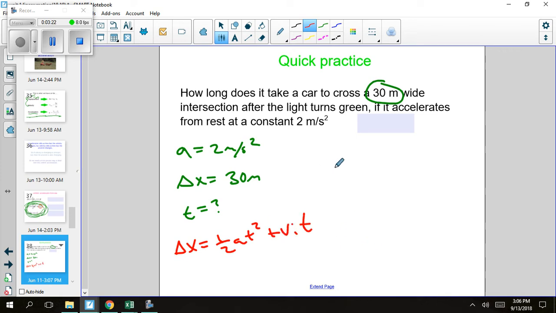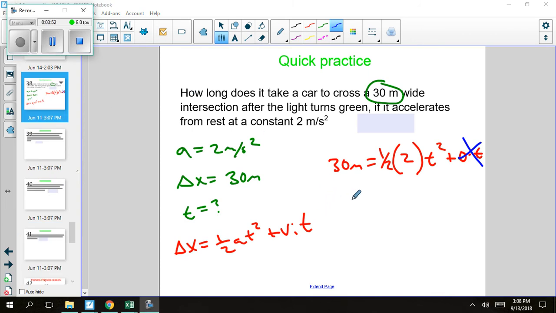And let's plug in some numbers here. So 30 meters equals 1/2 times 2 times t squared, that's what we're looking for, plus 0 times time. All right, so again, this will just cancel out regardless of what time is, and that's good because otherwise you have to do that quadratic formula, and this avoids the quadratic.